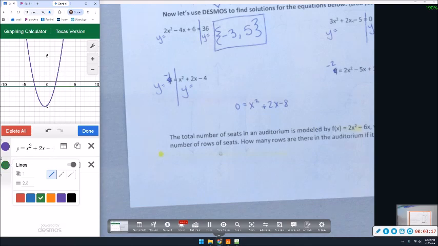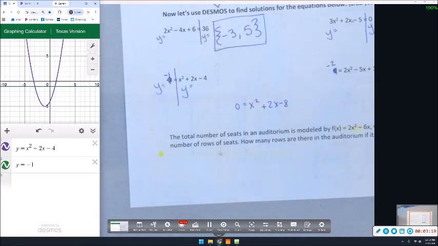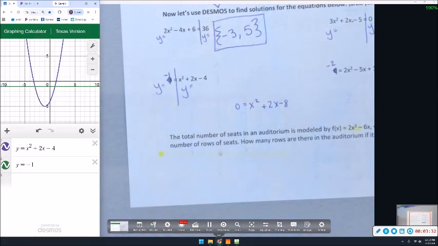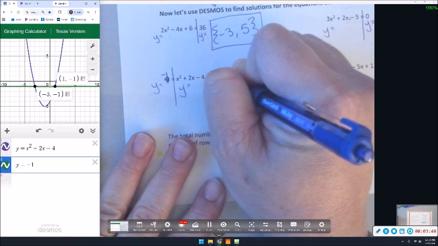Typing it in. Left side, right side. Y equals the left side, y equals the right side. Remember, we changed this one. Okay, where do they touch? -3, 1.